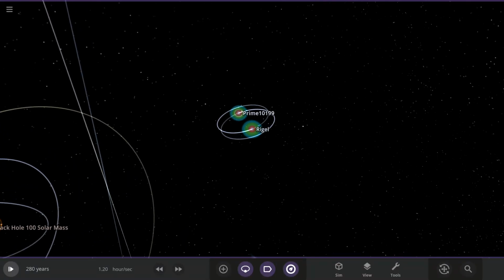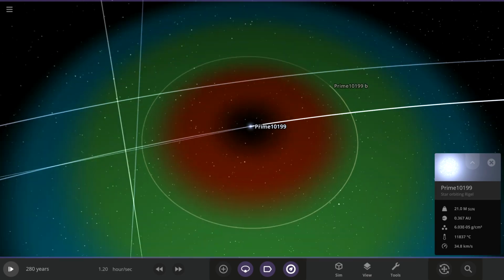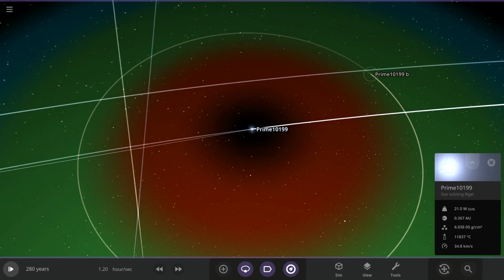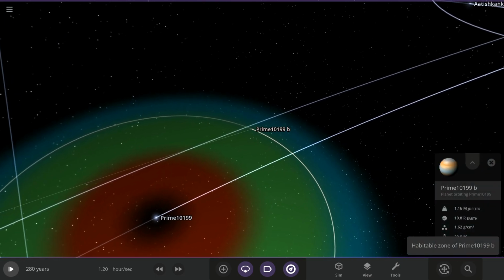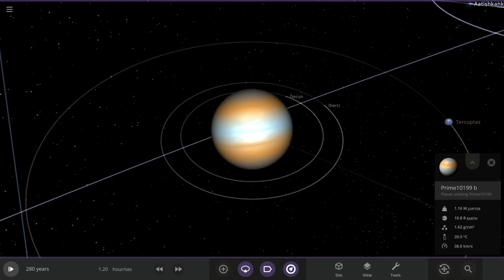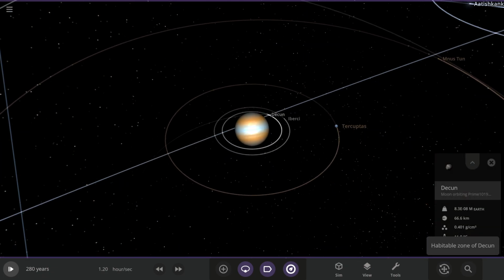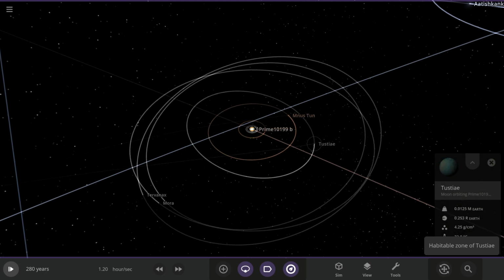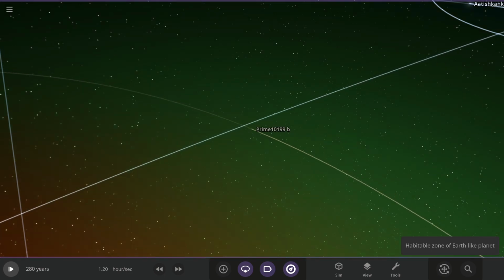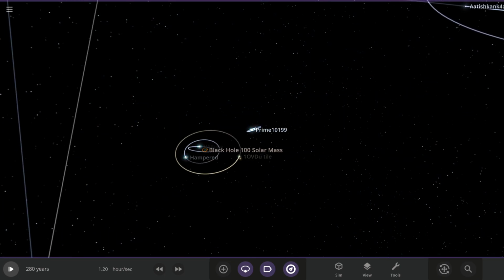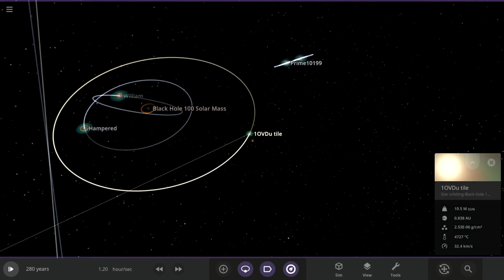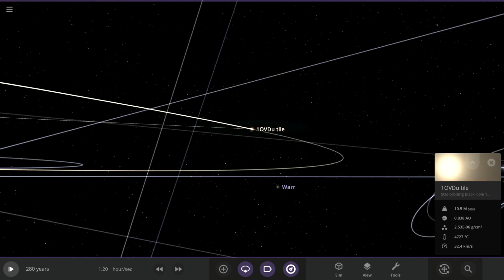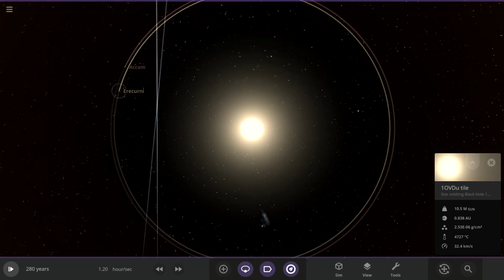Next, we got Prime 10199 with a gas giant, so most likely some moons, yes. This one, and then little moons, and then 3 asteroids. Alright, got one Ovdu tile, and then an insanely large number.